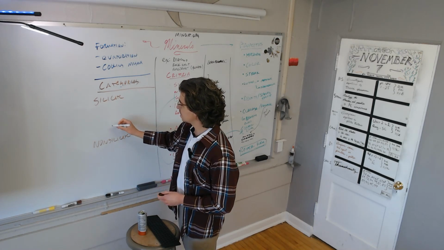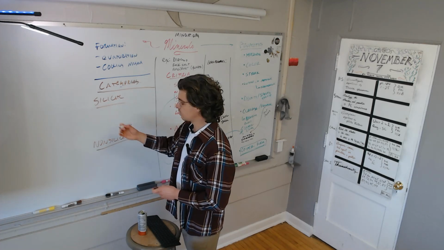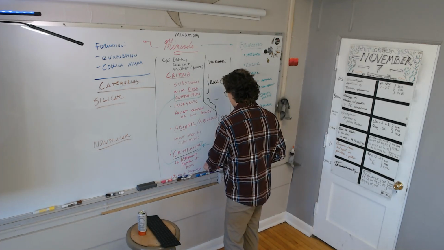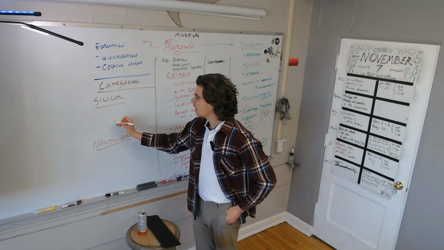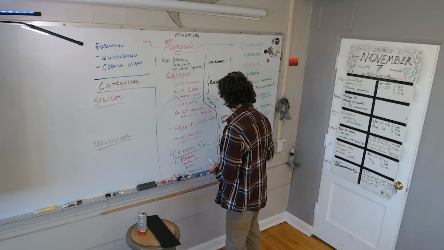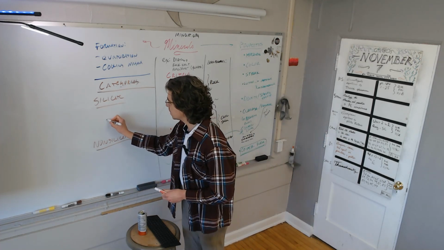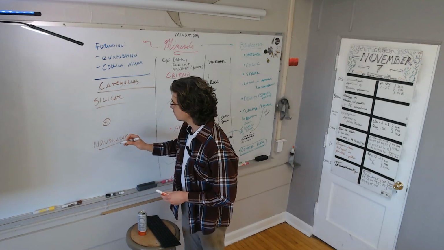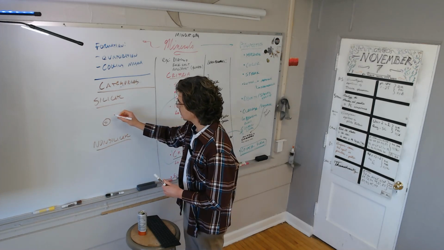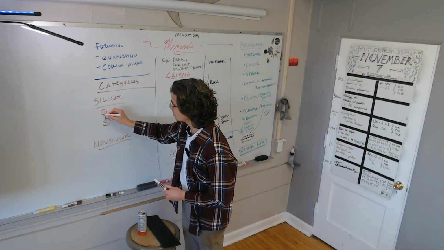The silicate minerals have something called a silica tetrahedron, which I actually have an example of. It's in the lab right now. A silica tetrahedron is one silicon atom surrounded by, in 3 dimensions, 4 oxygen atoms.